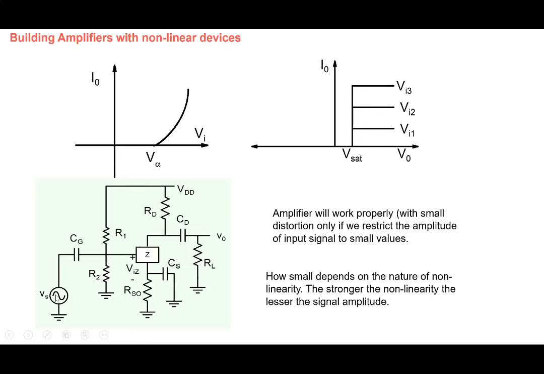In the next lecture we'll see that all we need to do is take this element Z out and put in a MOSFET or a bipolar transistor. We'll concentrate mostly on MOSFET, and we'll show you that a MOSFET's characteristics are very similar to this kind. So we can take this out and put in a MOSFET, and the device will amplify.